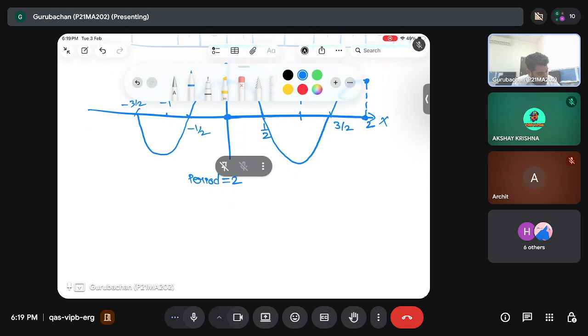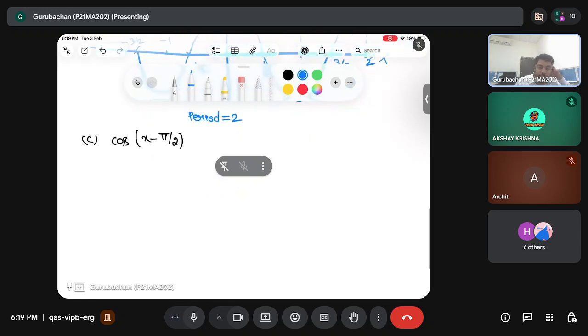Now do it for cos of x minus pi by 2. What is its period? What is the graph of this cos of x minus pi by 2?